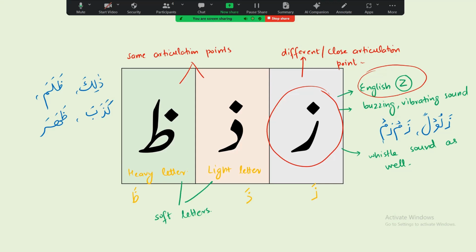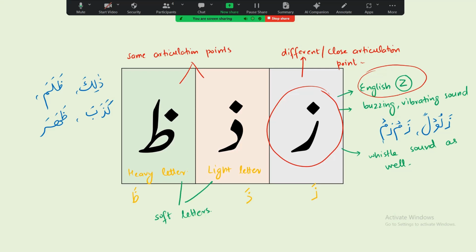Also, you might be able to hear some whistle sound in it as well. Okay, I'm making this vibration or buzzing sound intentionally so that you get this point. So that is the first alphabet, which has a totally different articulation point from the next two alphabets that we will cover.